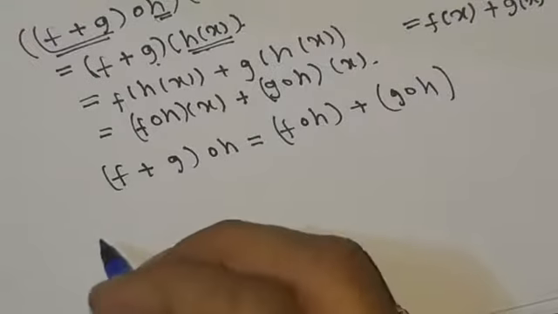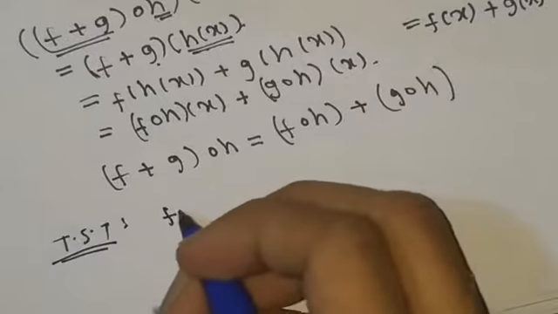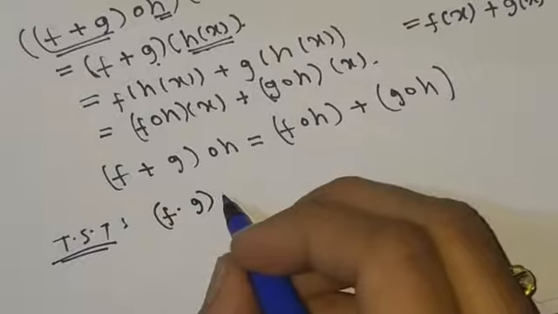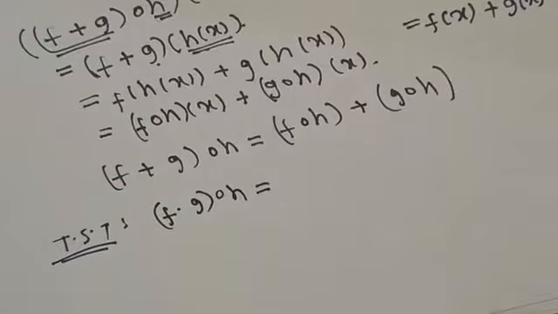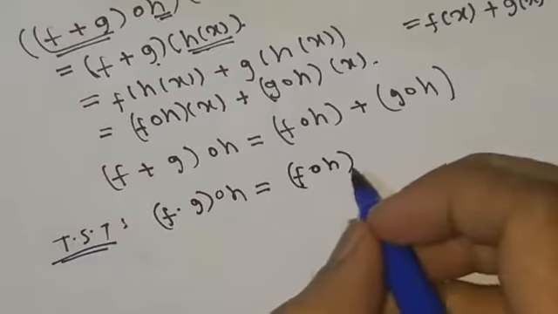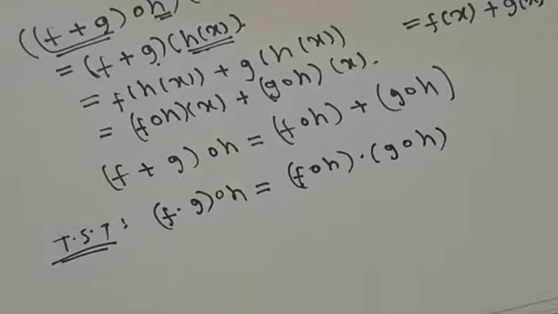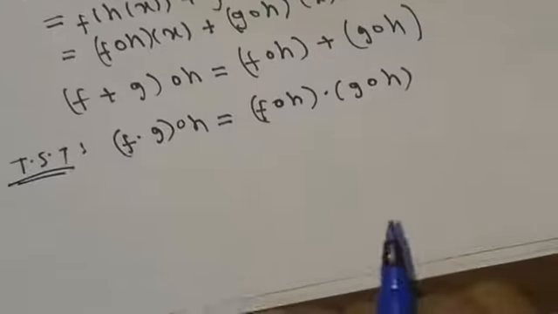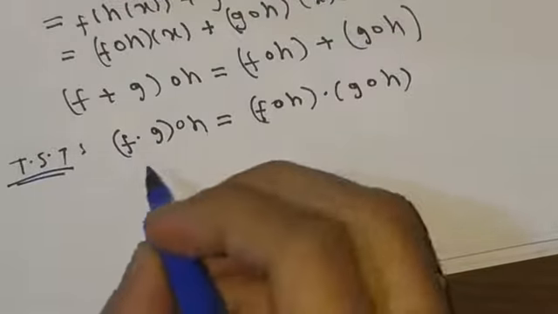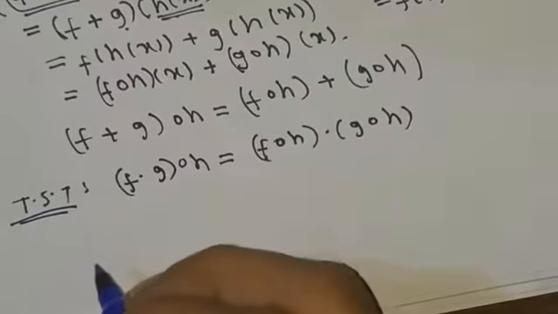Now let us go to the second one. So to show that f multiplied by g composition h is equal to f composition h multiplied by g composition h. Okay, so again we have to take one x in the domain of all the three functions f, g and h.